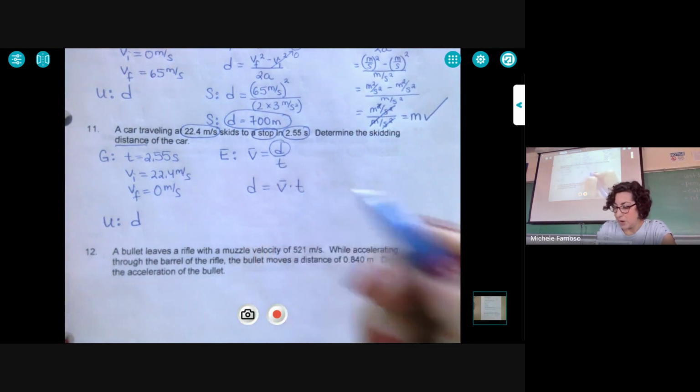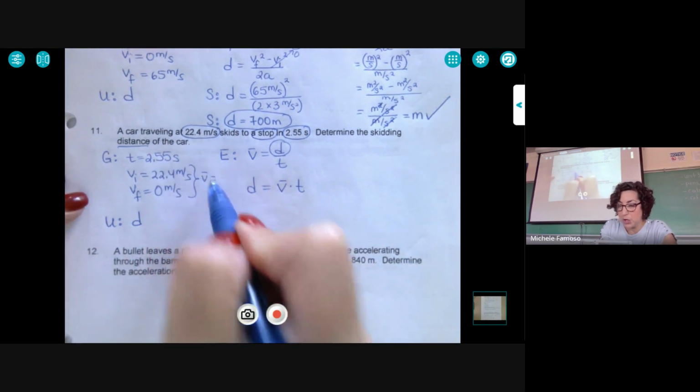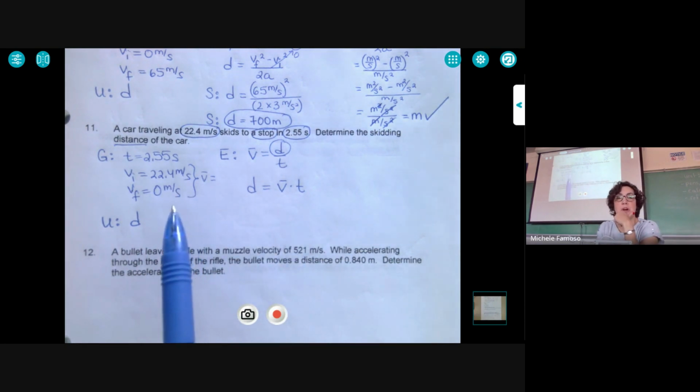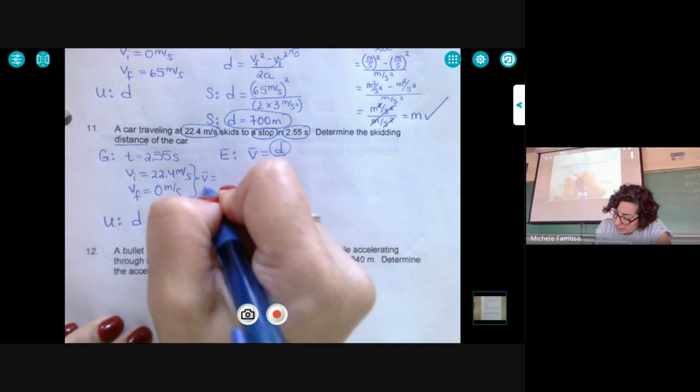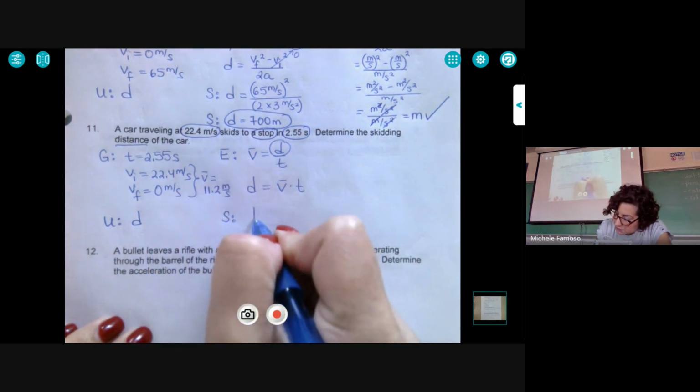That's right. Now, I don't have V bar here, but we should be able to get it. I'm looking for the average of 22.4 and 0. Fig, what's the average of 22.4 and 0? That's right. All right, so now we can do our substitution with units.